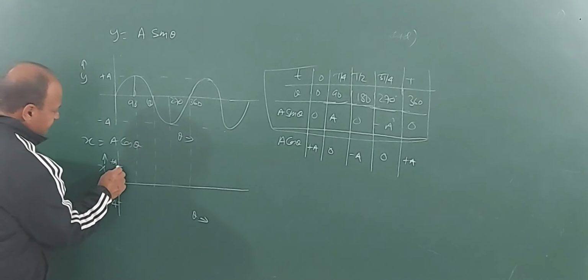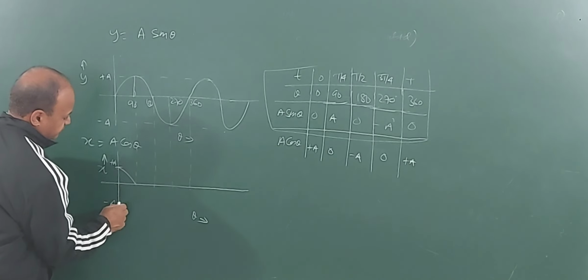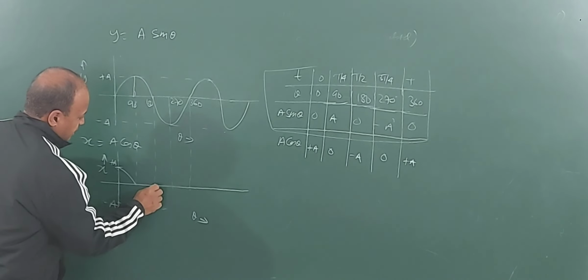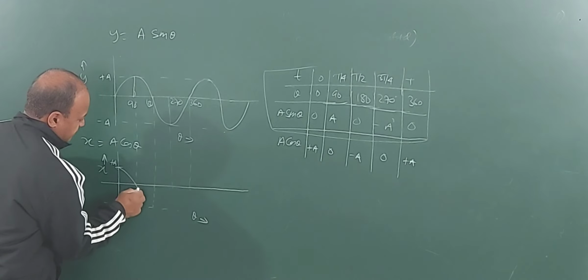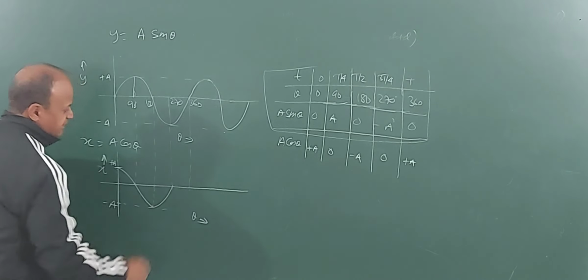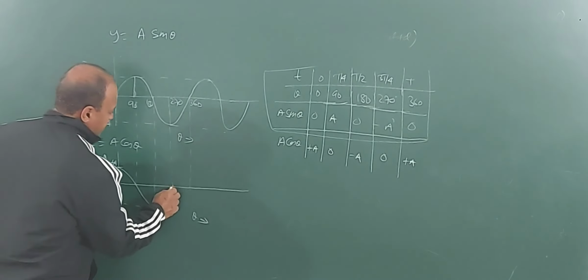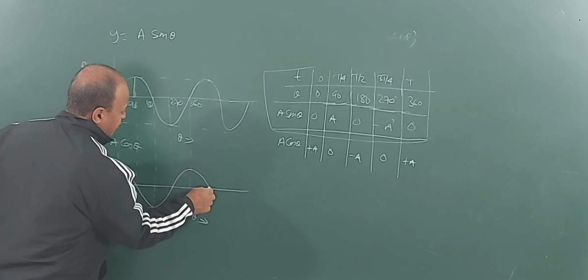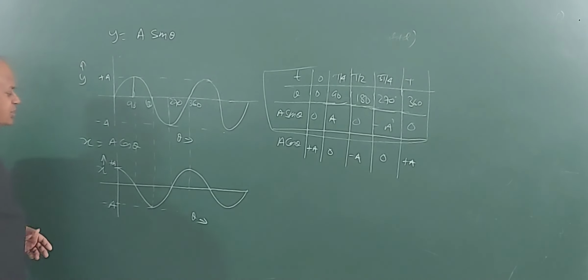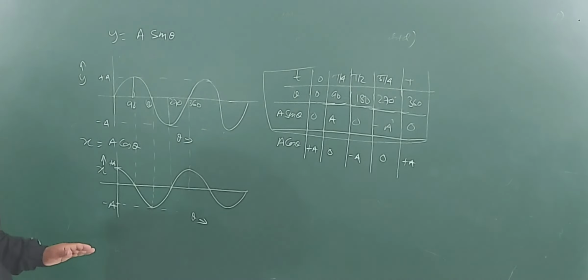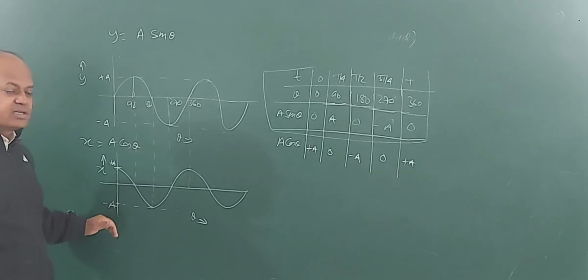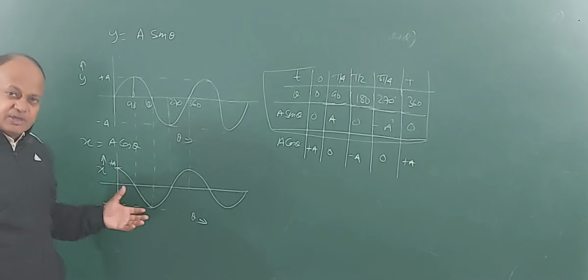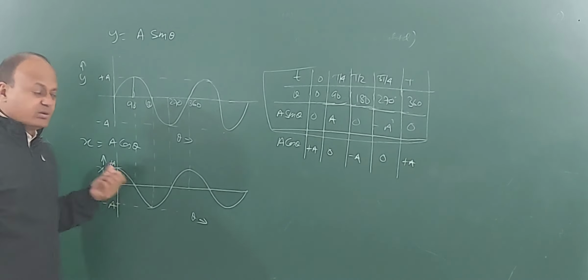It is here. 90 then 0, 180 then minus 1, so minus a. 270 is 0, 360 then plus a, and this will go on like this. So you must have an idea about the sine function plotting and cosine function plotting. Clear? Because if they ask you to show it on the graph, you should be able to do so.